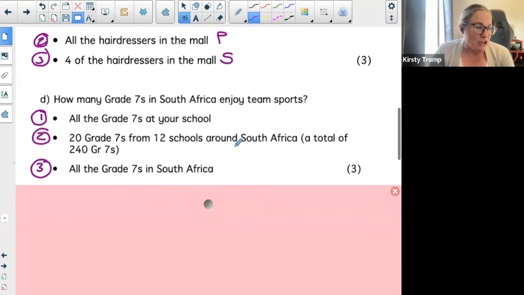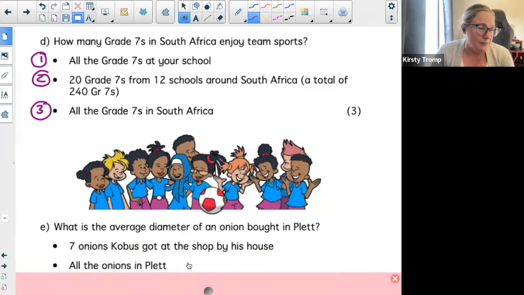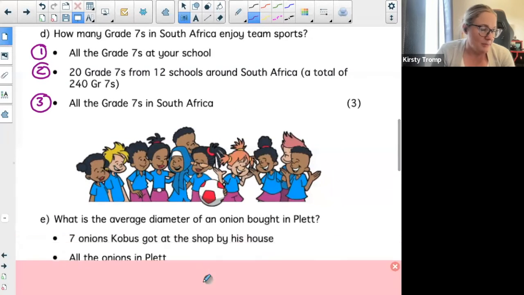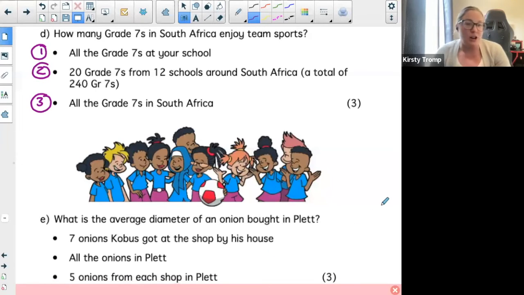All right, guys, I'm going to shuffle this up for you because I'm hoping you've all got that last one. And I'm going to bring this one onto the screen for you as well. The last question there says, what is the average diameter of an onion bought in Plet? Plet as in Plettenberg Bay, a little town here in the Western Cape.